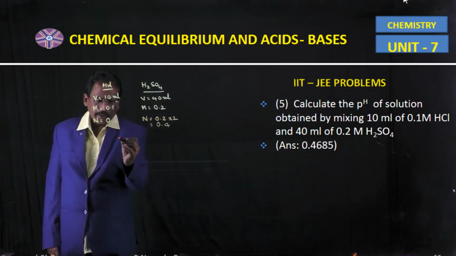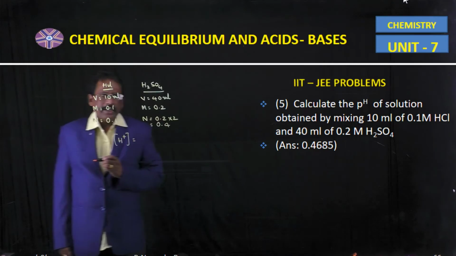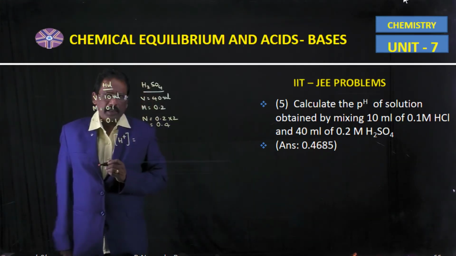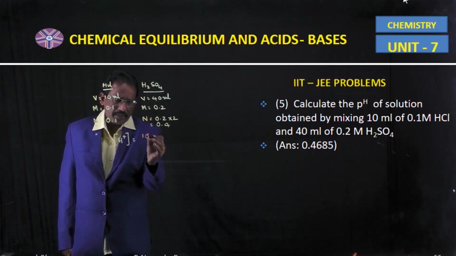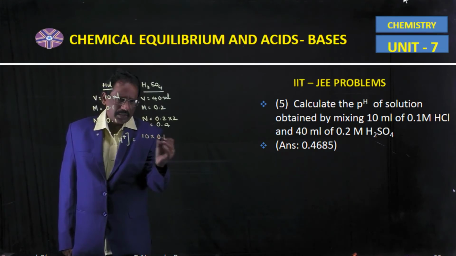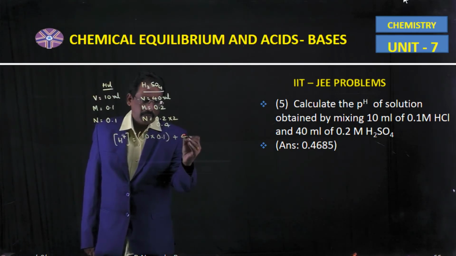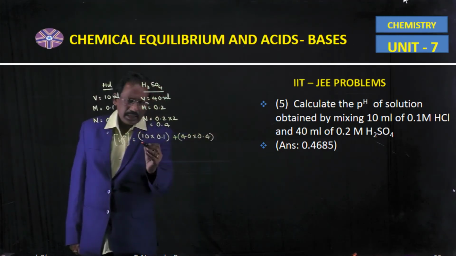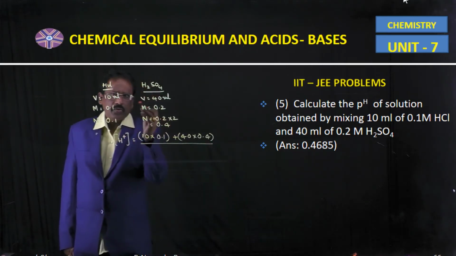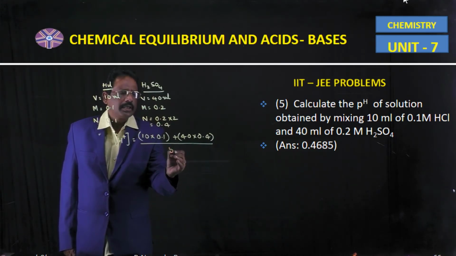So both are acids, that's why hydrogen ion active mass is equal to milli equivalents, that means 10 into 0.1 plus 40 into 0.4, divided by total volume. Total volume is equal to 50.